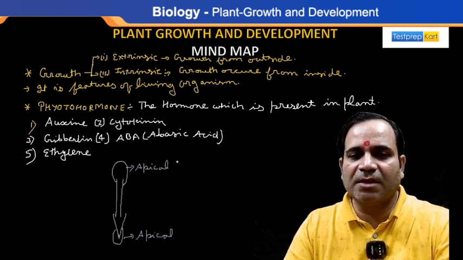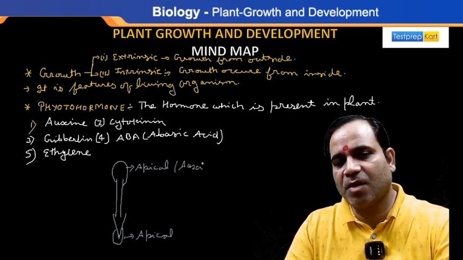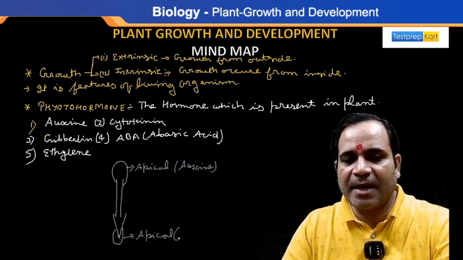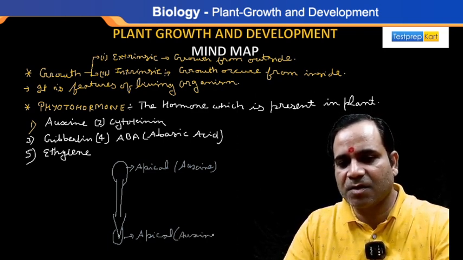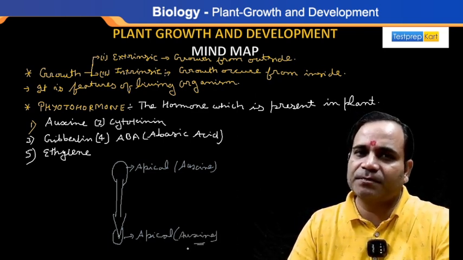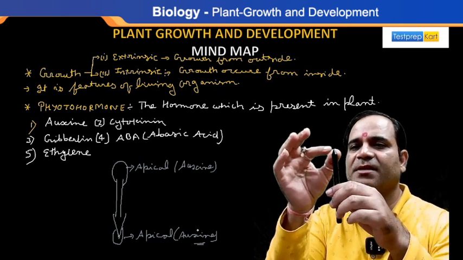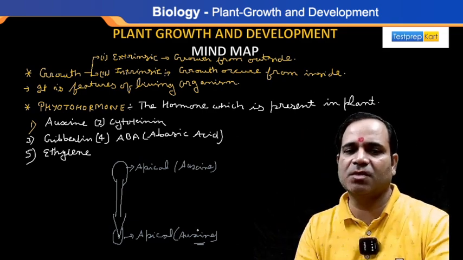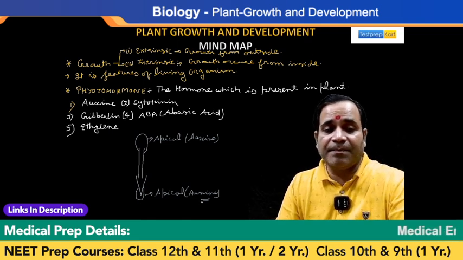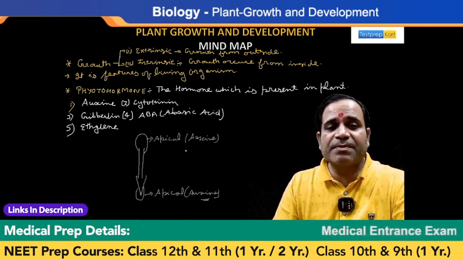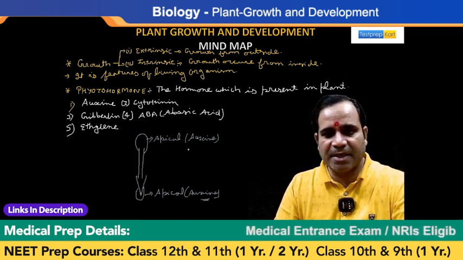Here the hormone auxin is present, and here also auxin. So auxin is present at the apical region of the stem as well as the roots. Getting my point? Now the auxin is responsible for the growth in plants. This one is clear.